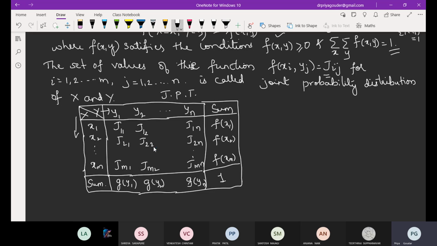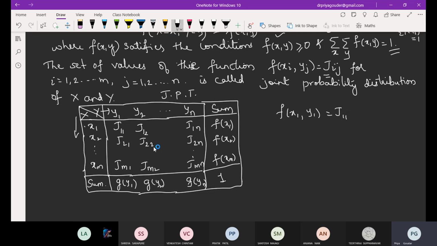Now, whenever you take, it is just taken like this. See, try to understand. It is applied on two set of variables at once. For example, if I take the set x1 and y1, if I take f of x1 comma y1, this is nothing but this value is J11. Are you getting it? How it is written? See, f of xi comma yj is Jij.